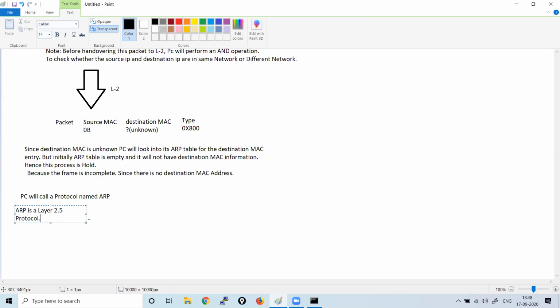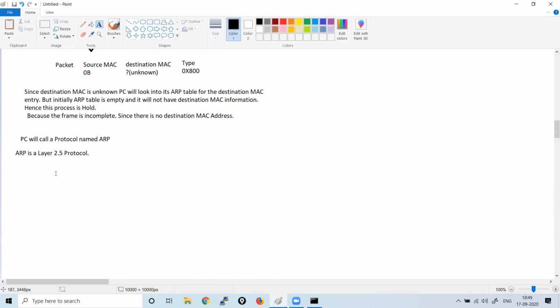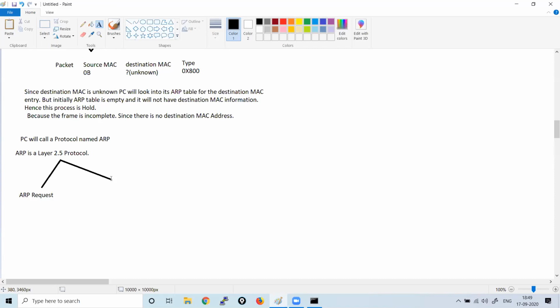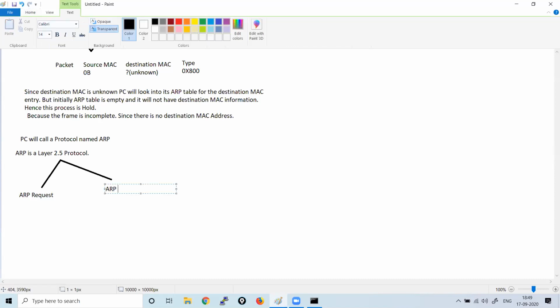The reason why it is called a layer 2.5 protocol, you'll get to know shortly. Now, ARP is basically a layer 2.5 protocol. Again, ARP has two different messages: ARP request and ARP reply.